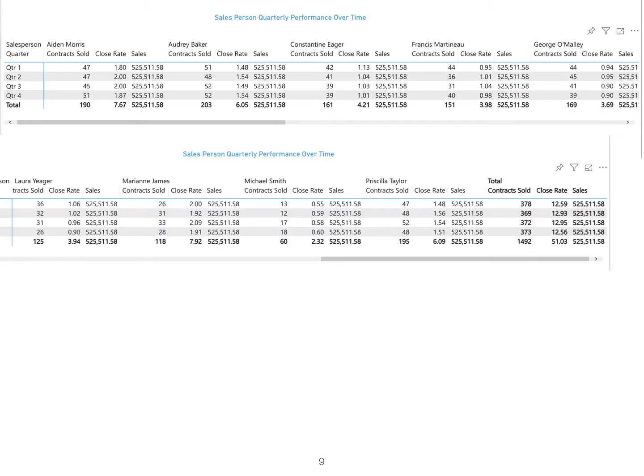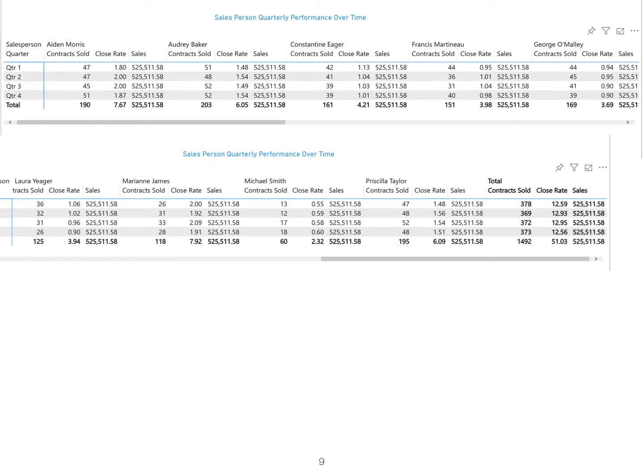The next slide is a matrix that shows the salesperson's quarterly performance over time. On this matrix, I have salesperson and quarter, and for each column, I have the different names of the salespersons, as well as their contracts sold, close rate, and sales amount. So we can see the total contracts sold by each person cumulatively, as well as the close rate and sales amount.